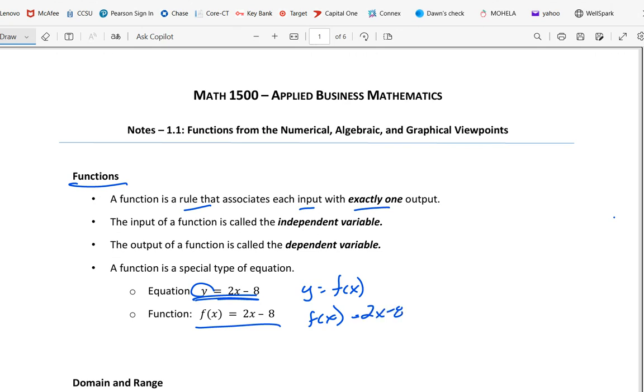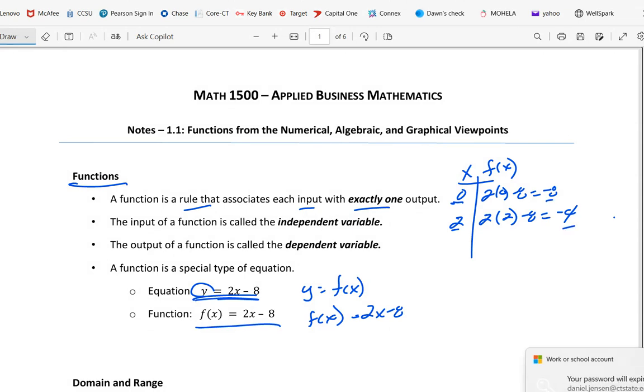So if I set up the function and I say, okay, if x is 0, what is f of x? Well, that would be 2 times 0 minus 8, which is negative 8. If x is 2, f of 2 is 2 times 2 minus 8, or negative 4. Notice that each time I put 0 in for x, I get exactly one value for y. Okay, so that would be a function.